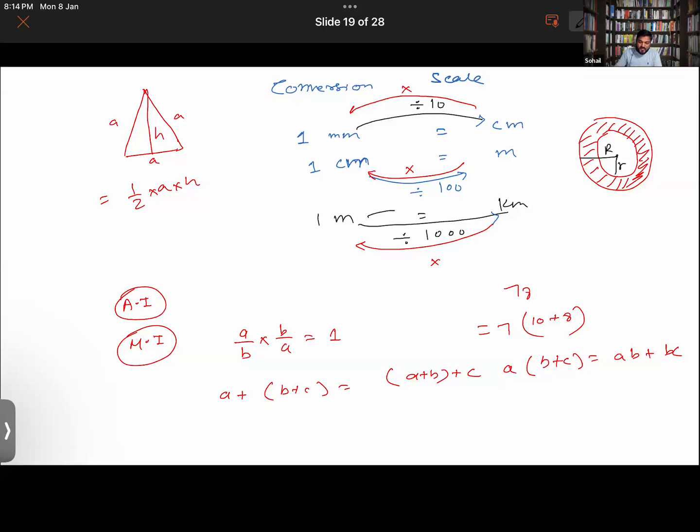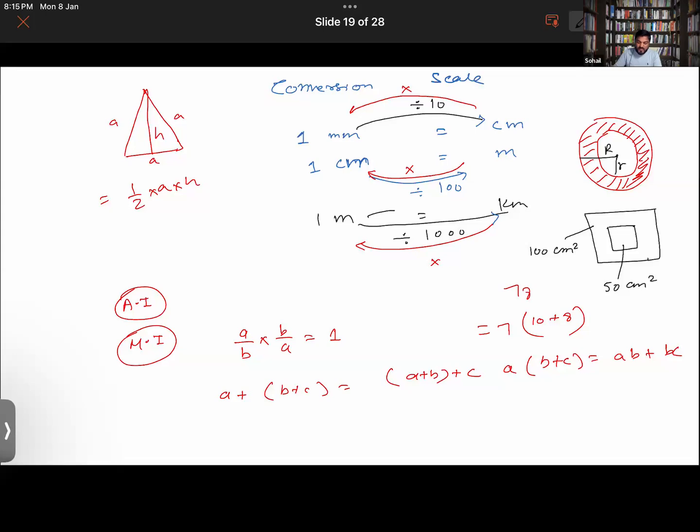Yes, sir. See, if I were to give a piece of paper like this, say it's a square shaped paper, and then you again cut a square shaped paper out of it. Let's say the total area of the bigger square shaped paper was 100 square centimeter, and the smaller one that you cut out is 50 square centimeter.